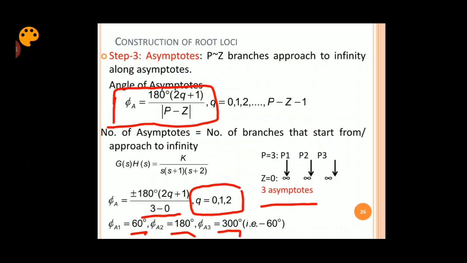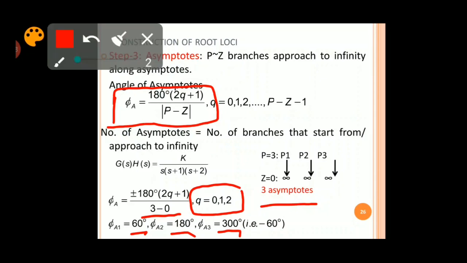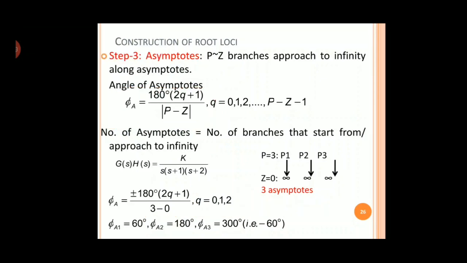If you notice this equation, it is dependent on p minus z, which is nothing but the number of asymptotes.